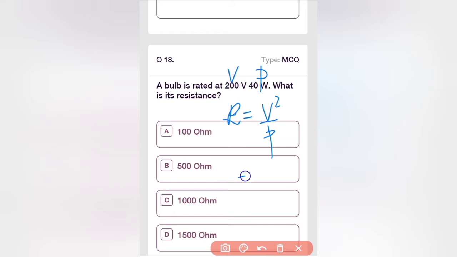So 200 into 200 divided by 40. If you cancel, you get 1000 ohm. Option C is the correct answer.